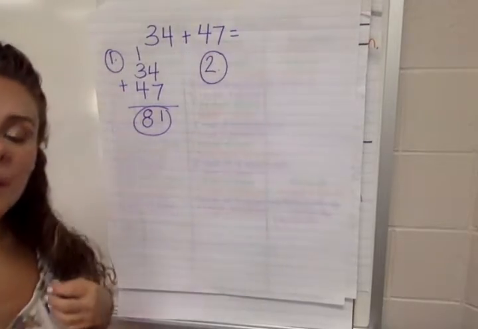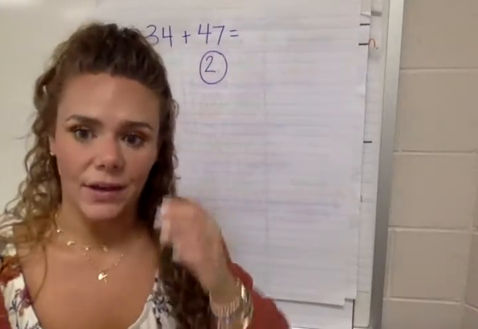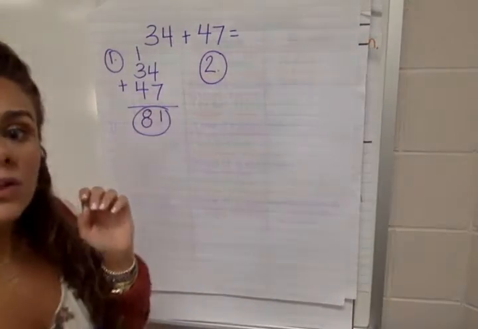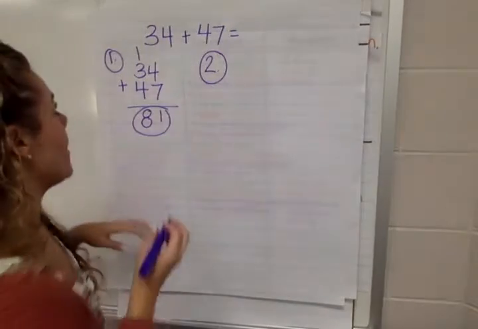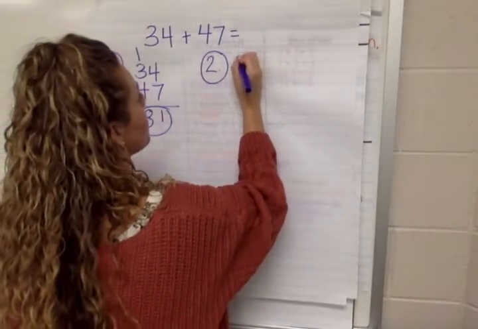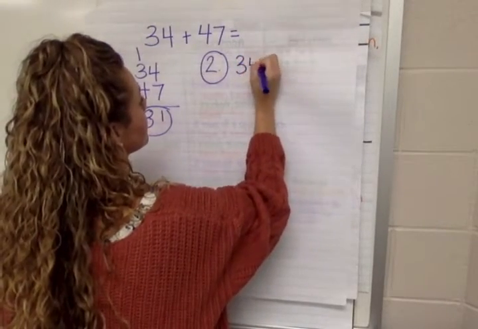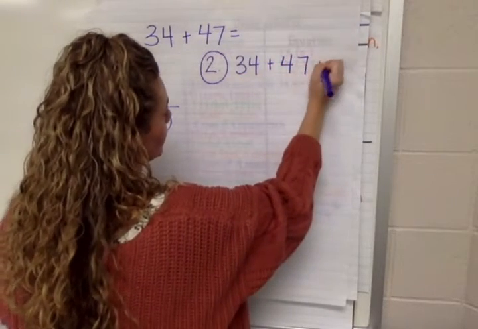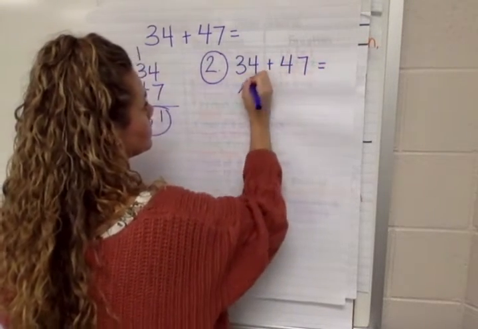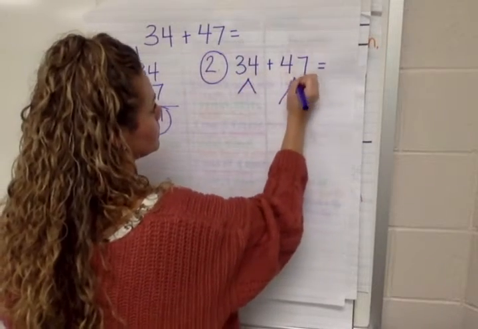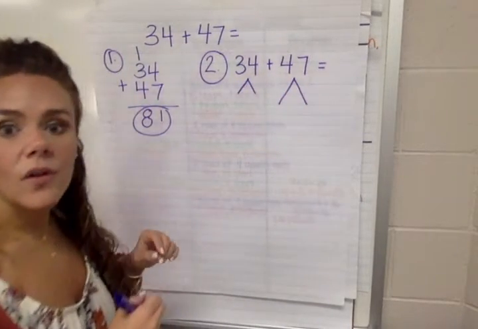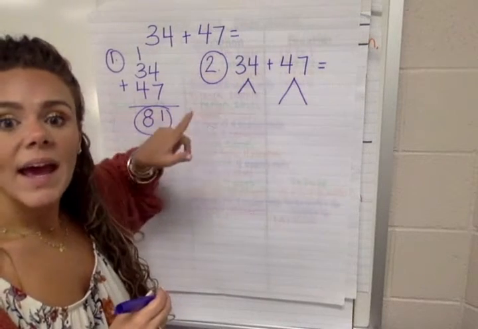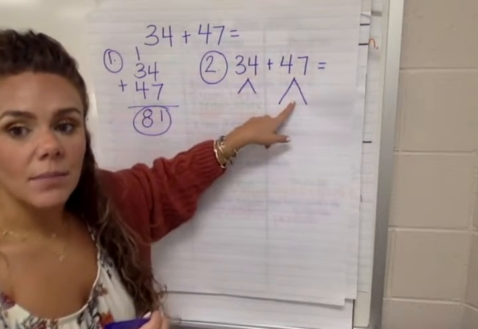Yesterday we reviewed that we could break numbers up by place value. So today for Number Corner, you might solve your problem string this way. You need to ask yourself, what is 34 made up of? And what is 47 made up of?